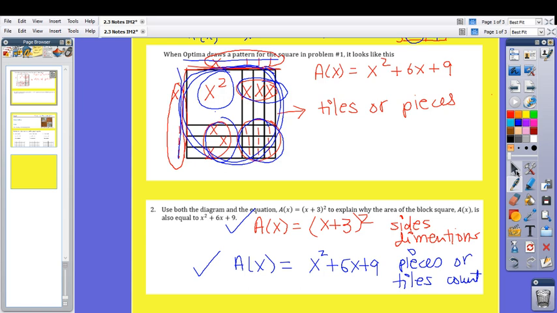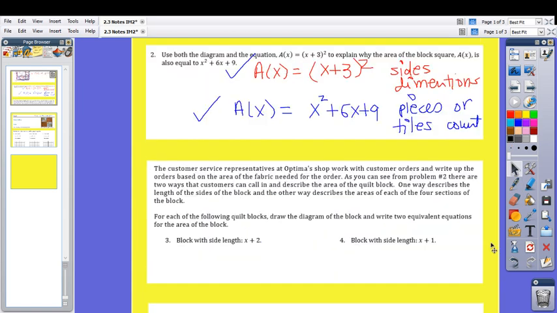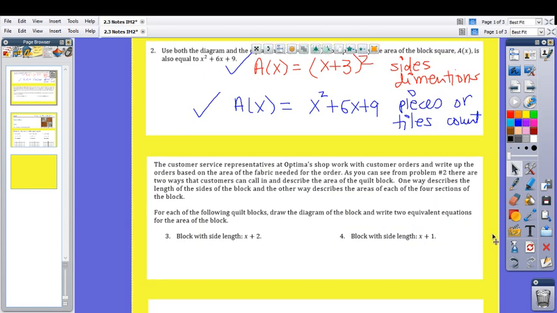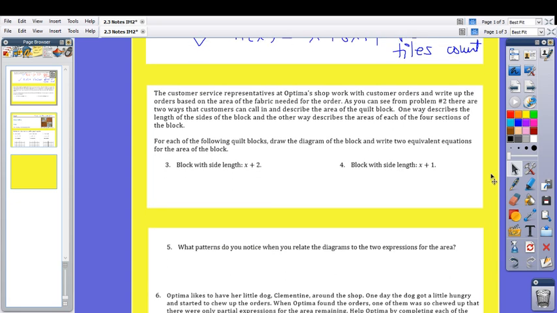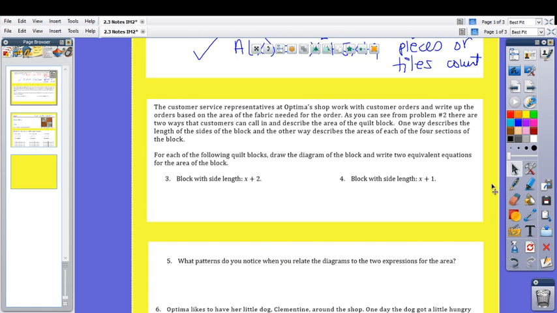So now her business is growing, so she is getting requests from customers, and they are telling her the side length of their quilt, and then she makes the pattern for them and gives it back to them.